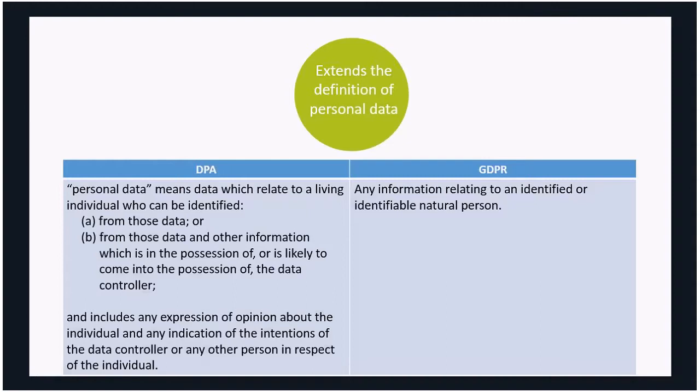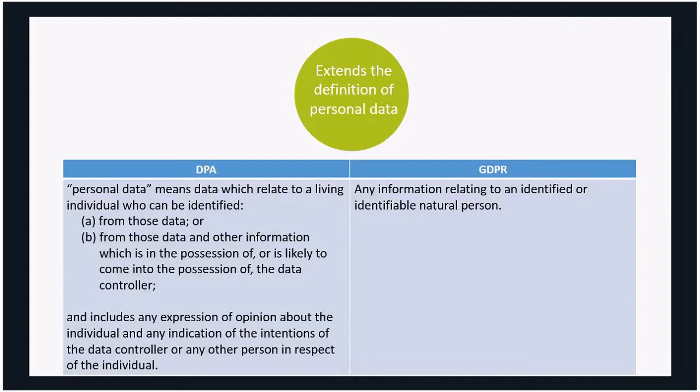So let's have a look at how we're extending the definition of personal data. The definition of personal data is pretty much unchanged from the Data Protection Act. The Data Protection Act is listed on the left there. However, online identifiers fall within the definition.